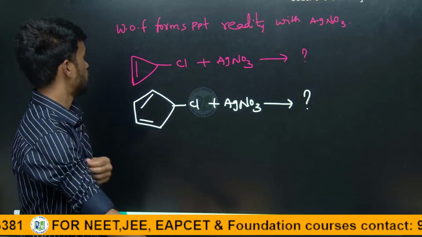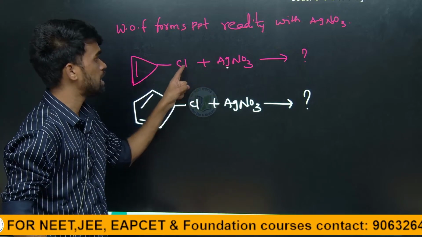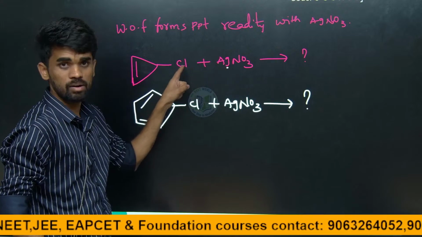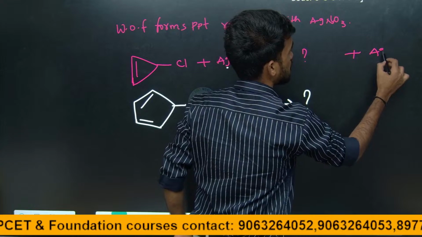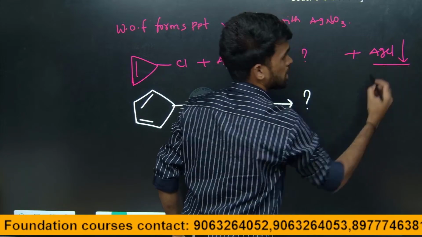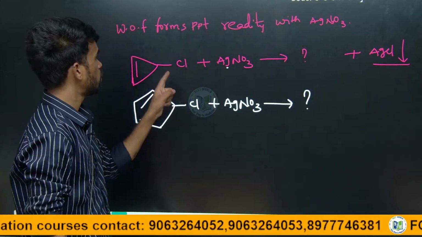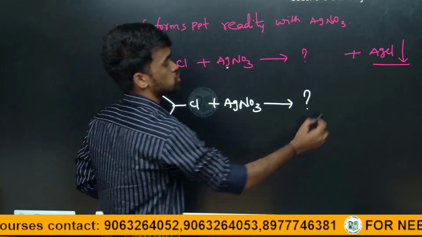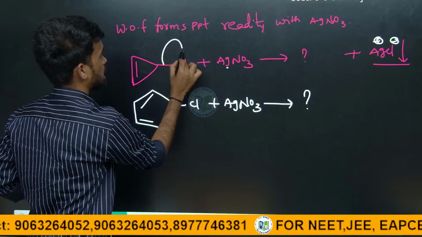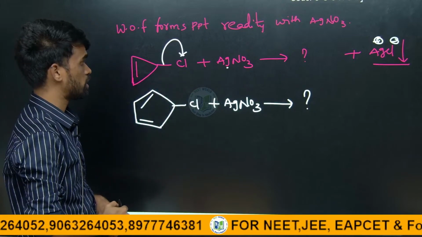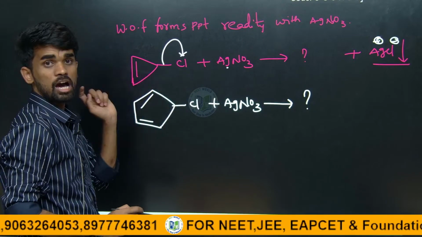If Ag plus and Cl minus are paired up, we will get AgCl precipitate, a white colored precipitate. To remove this Cl, it should leave as Cl minus, meaning the bond should be taken by the chlorine atom. Therefore, we will get a carbocation.